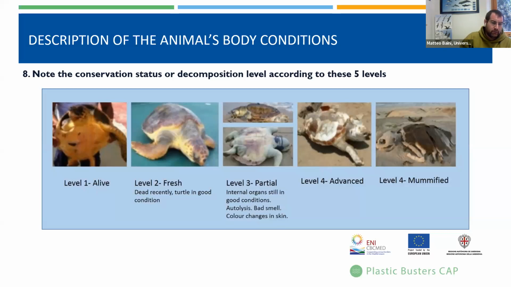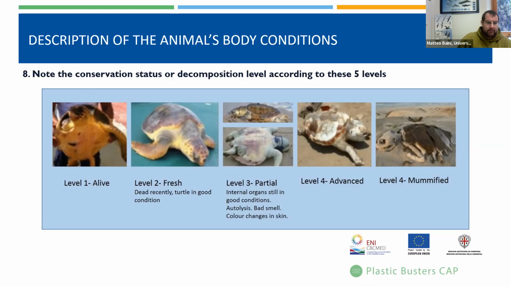Obviously, for sea turtles and seabirds, we can also have level 1, alive animals, especially in recovery centers. But usually it's more common to find level 2, recently dead fresh organisms, or level 3, organisms in good condition but in which decomposition has already started.